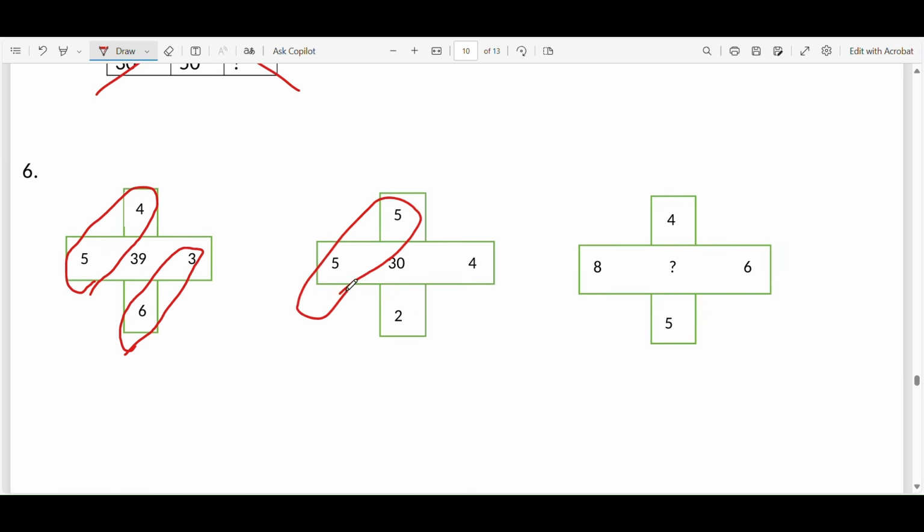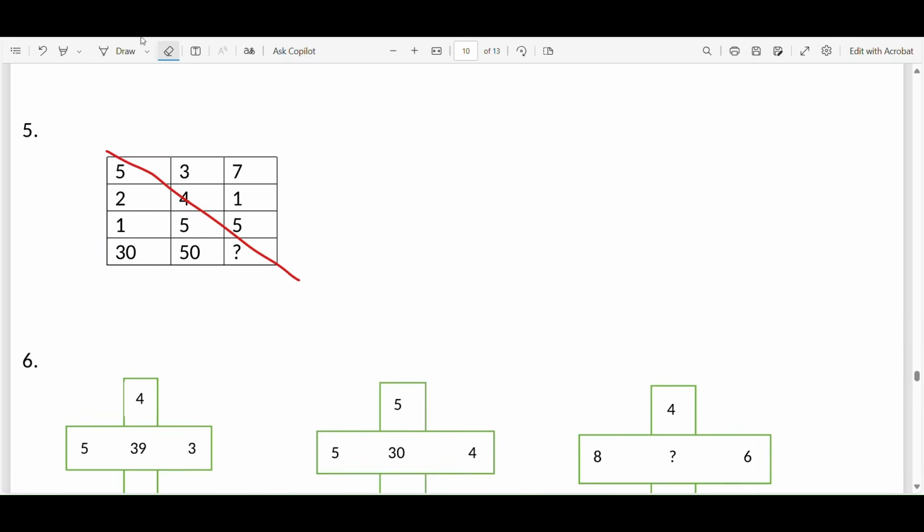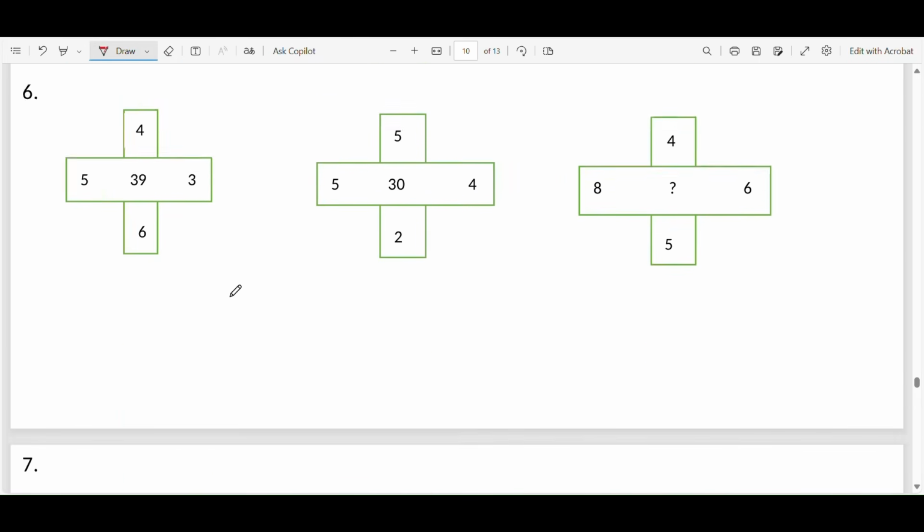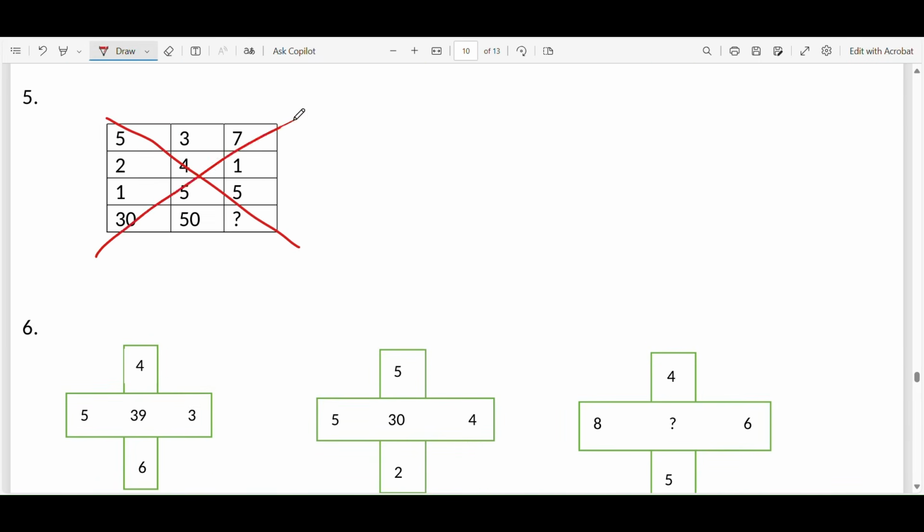So 25 we are having and 4 into 2 we are having 8. So 25 plus 8, you are getting 33, but here it is 30 itself. So this is also not the correct form. So let me erase all this. Oh, the previous one was erased. Okay, no problem. Let me cross it off.